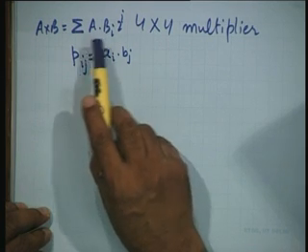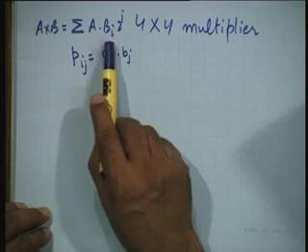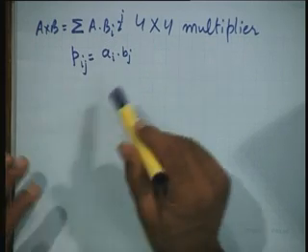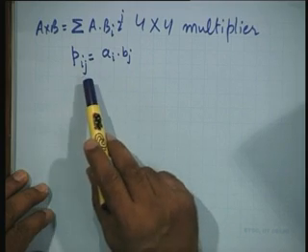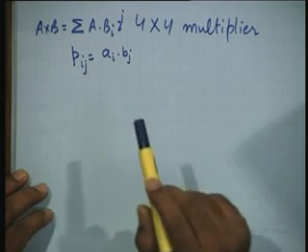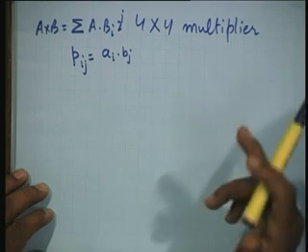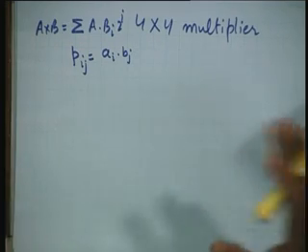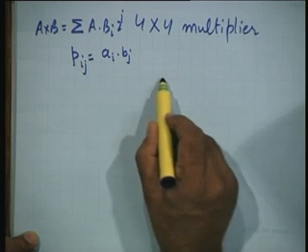Each bit of A will have to be multiplied by each bit of B effectively, and just to simplify things I am denoting it with Pij. So, we have Pij's for i going from 0 to 3, j going from 0 to 3, and we have to somehow feed these to various adders.